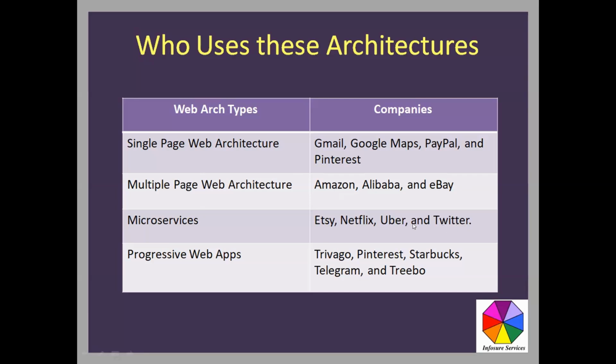Most of these have short services, just doing some simple operations. Progressive web applications are used by companies like Pinterest, Trivago, Starbucks, Telegram, Treebo, and so on. So these are some of the architectures and the companies adopting them for developing their web applications.